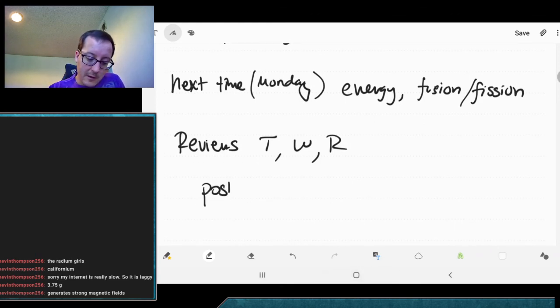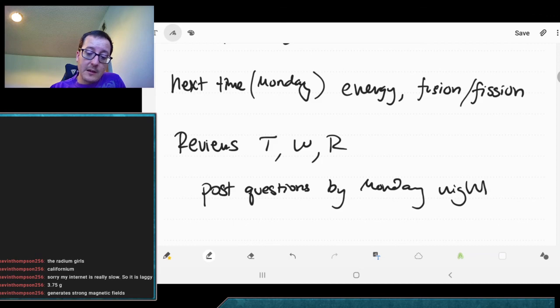So post questions by Monday night or so, and we'll see where we are, and I'll determine which days and how many days we'll do review sessions, and they'll be at the same time. So if you do that, we'll see how far we go. And if I decide, okay, it's just going to be Wednesday and Thursday or something, then that's what it'll be.